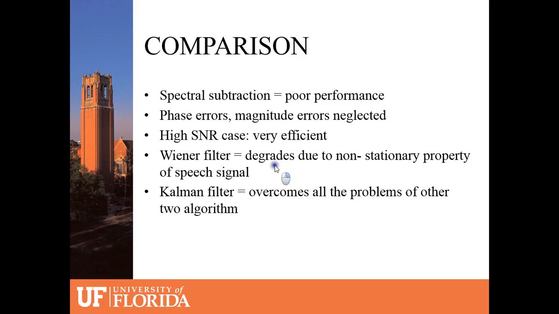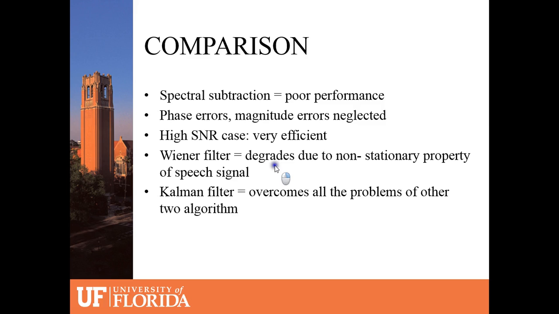So comparing all these three techniques, the spectral subtraction has the least performance in a very high SNR case, and this is because the phase errors, the magnitude errors have been neglected. But in the high SNR case, it does provide good results and it is very efficient.